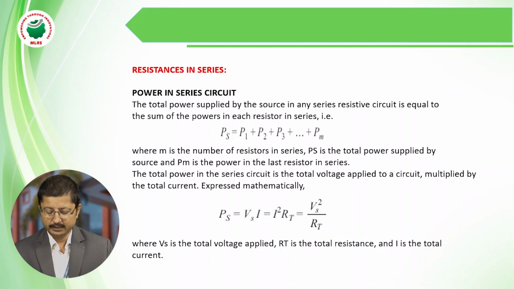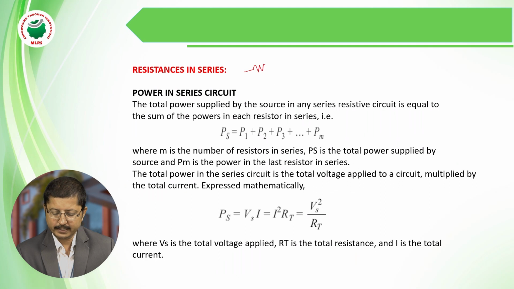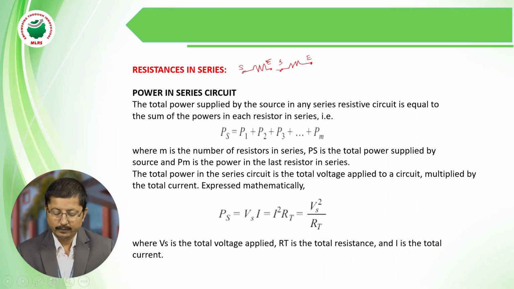What does series mean? If a resistance has two terminals, one starting terminal and one ending terminal, and similarly another resistor is also a two-terminal element, if you join the ending of the first element to the starting of the second element, then we can say that these two elements are connected in series.